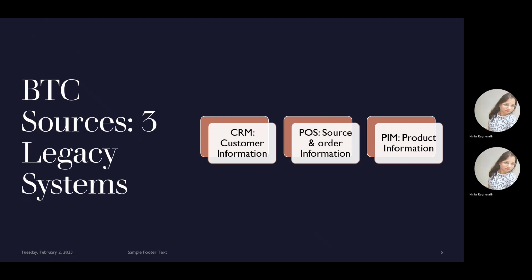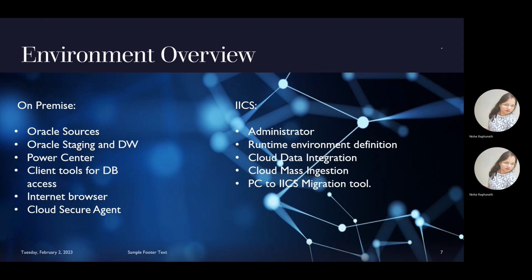And the product information has the product ID, the product description, the product name, the category of the product, whether the product has any discount on it, and so on. So this is a BTC organization, with sources CRM, POS and PIM. So this is a legacy system which we will be converting into IICS.